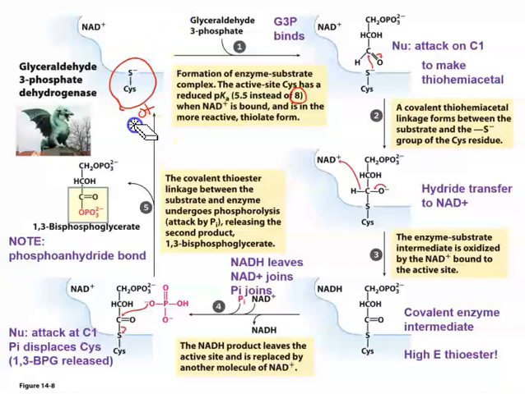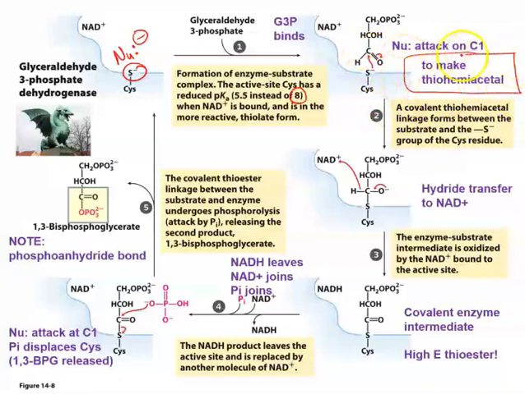And guess what? That means that this sulfide is a good nucleophile. And so in the first step of our reaction, we have nucleophilic attack at carbon 1 of this glyceraldehyde 3-phosphate in order to form a thiohemiacetal. It's just like an acetal, but here's your thiohemiacetal.